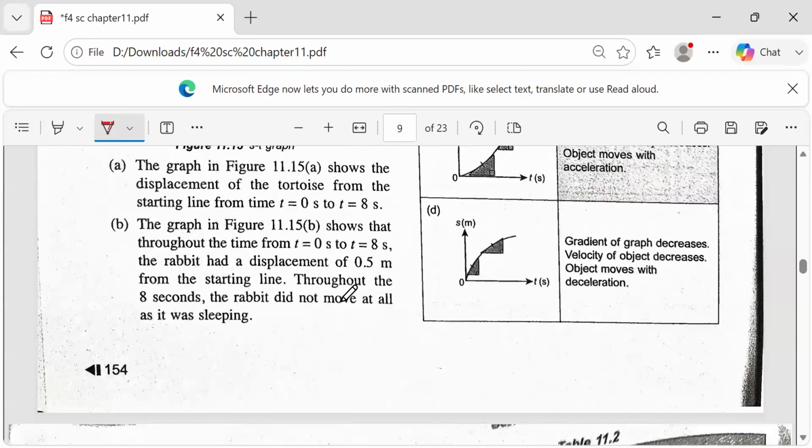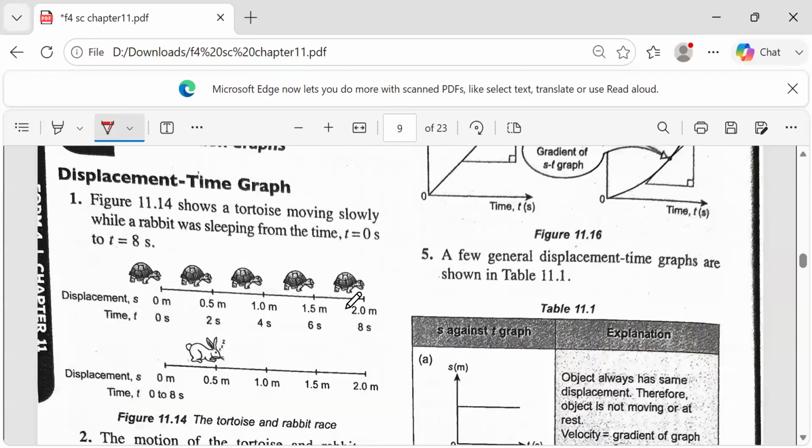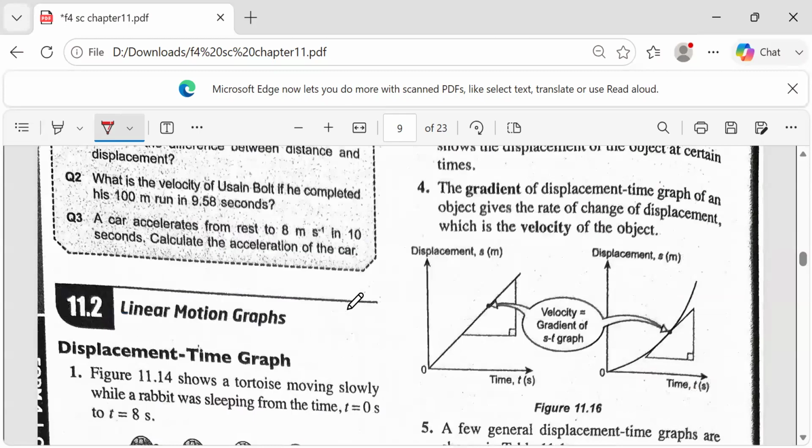Okay? So if your graph is distance over time, the gradient is the velocity. Okay, the gradient. That means this minus this over this minus this. That is the velocity because it's distance over time.